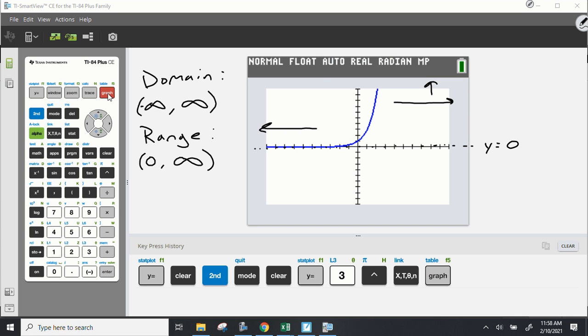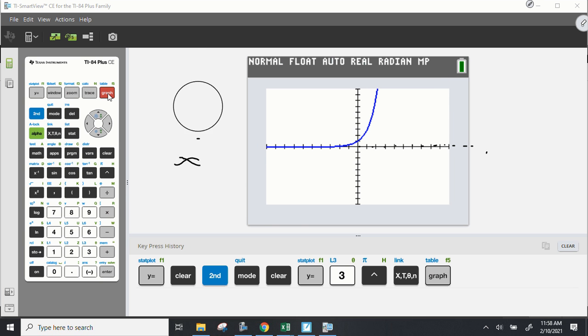Now we got off on a little side tangent. The question was asking us to graph this and then compare it to the graph of f of x equals negative 3 to the x power. So let's do that as well. Let's make a comparison there.